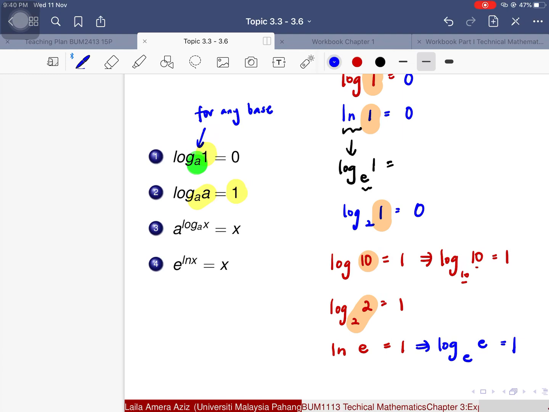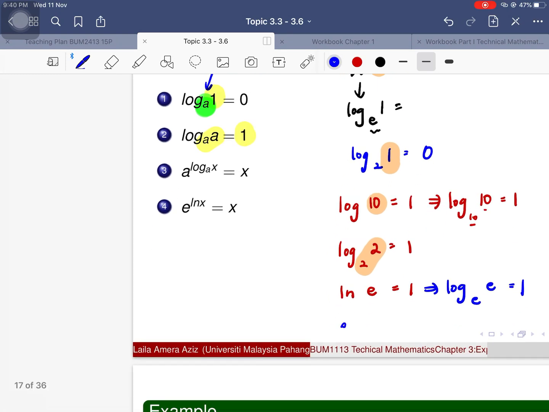Remember, I did mention in the previous video that e is just a constant, a value of 2.71 something. I don't remember the rest of the decimal places. Whenever you have the base and the number right next to it the same, automatically the log is going to equal 1.